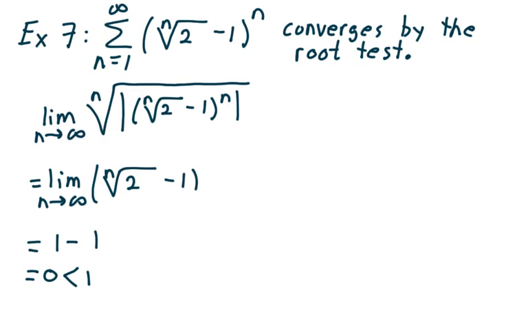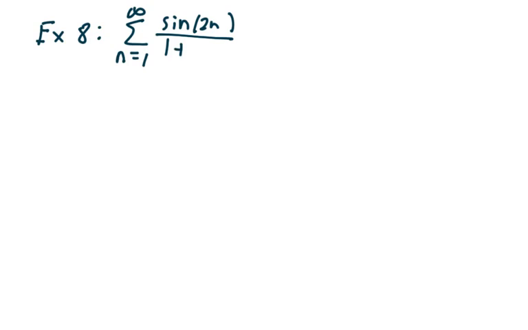Okay, so let's take a look at example 8. Suppose we have the summation from n equals 1 to infinity of sine of 2n divided by 1 plus 2 to the n.